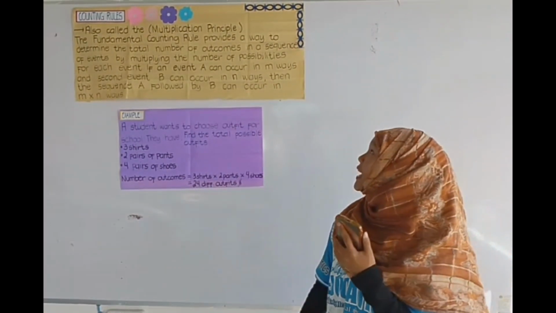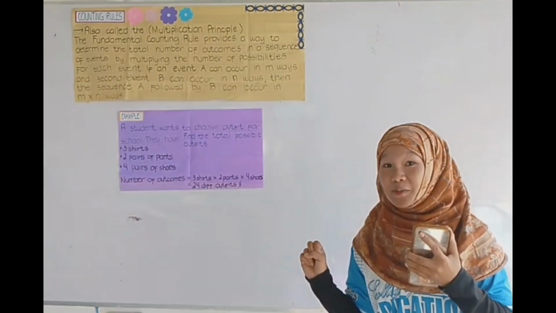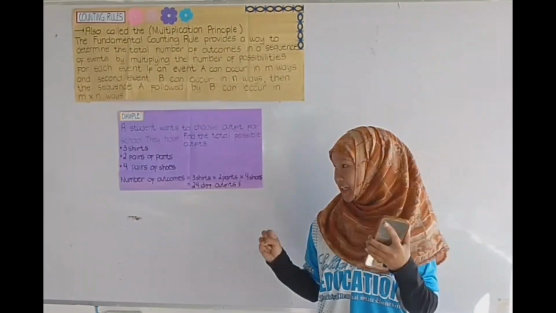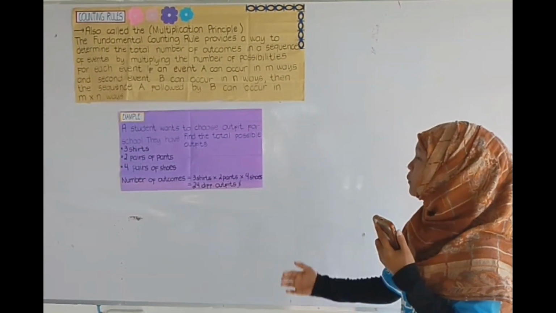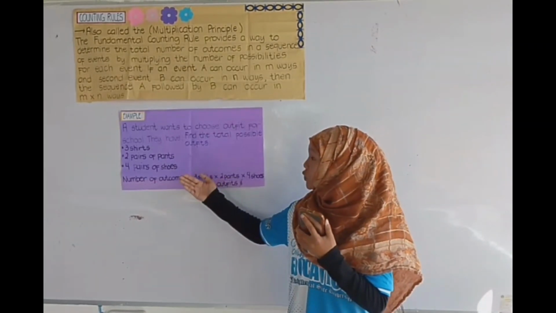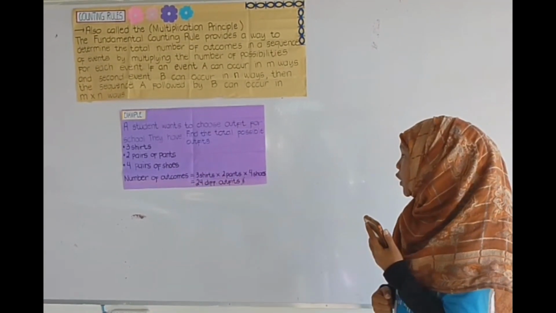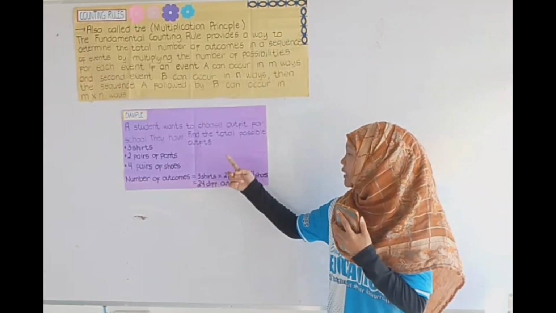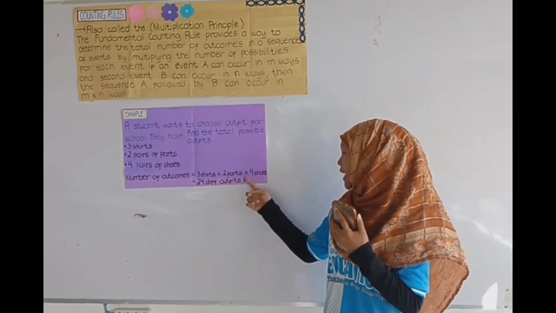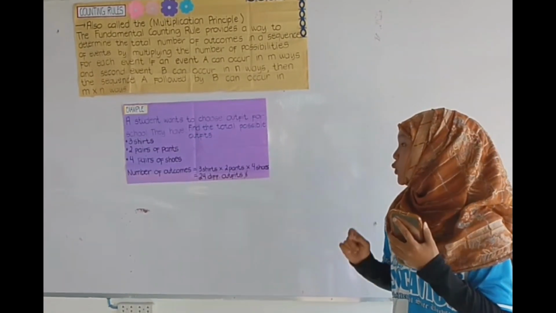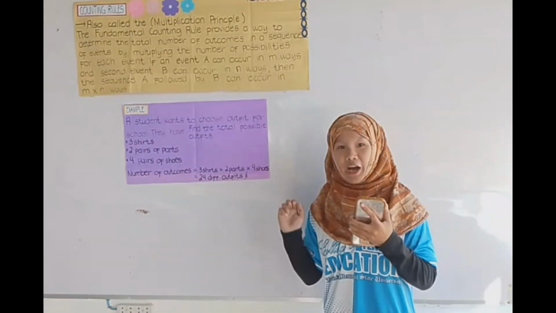As stated, the counting rule is a multiplication principle, which means a product. So we multiply the 3, 2, and 4: 3 shirts times 2 pants times 4 shoes. That is equivalent to 24 different outfits.